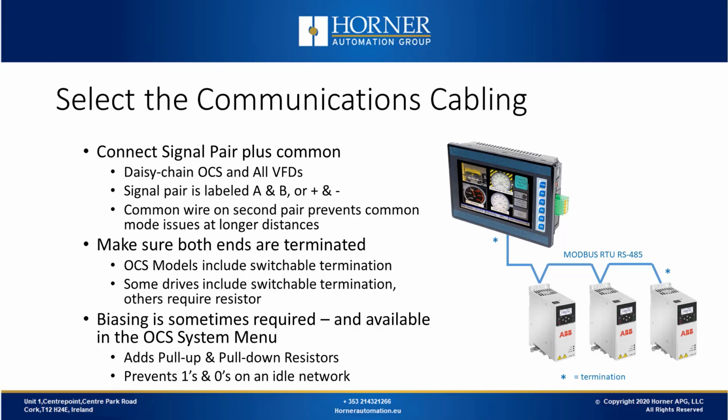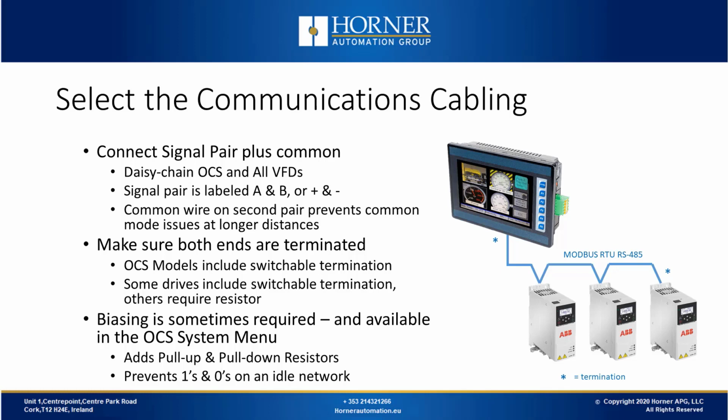So you typically start off with 2 twisted pairs. You're going to use the first pair of wires for the signal pair. The RS485 standard instructs you to label the conductors A and B, but not all manufacturers follow that standard. Sometimes they're labeled plus and minus, or D0 and D1.